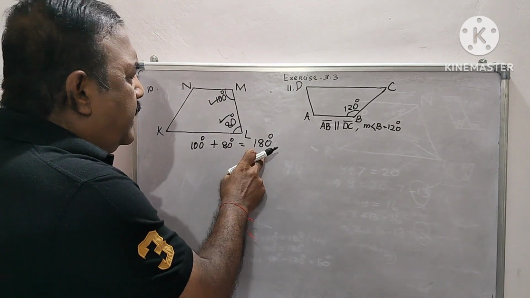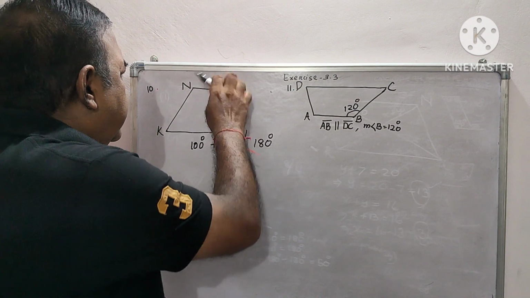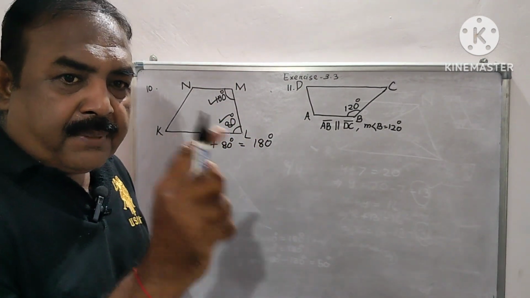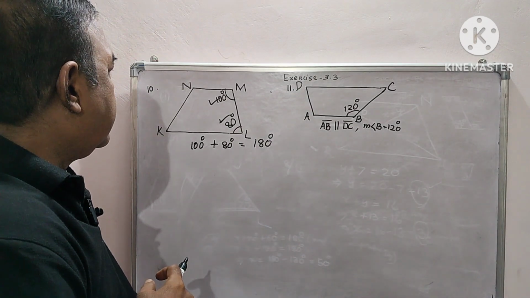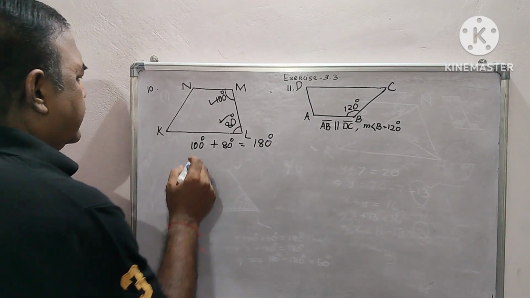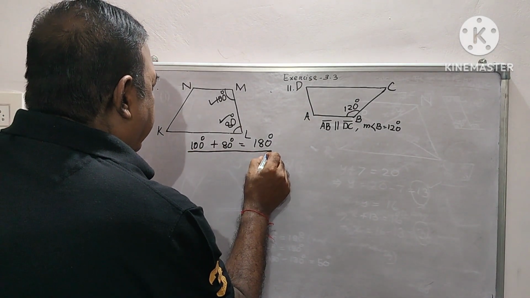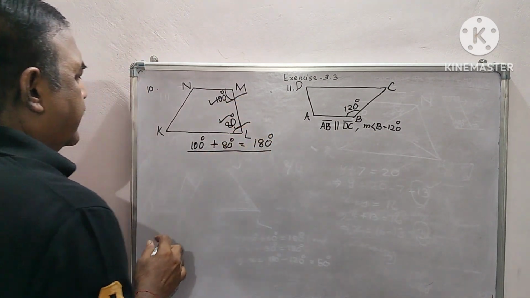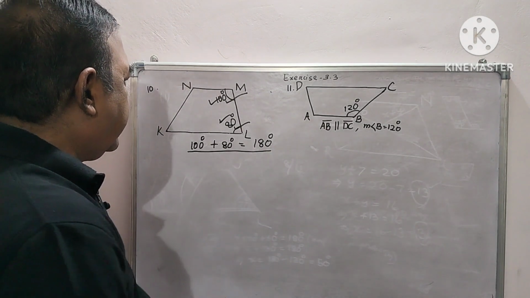If they are supplementary, these two lines must be parallel lines. You see, it is 100 degree, it is 80 degree, their sum is 180 degree.